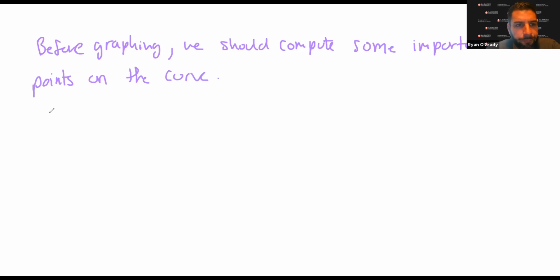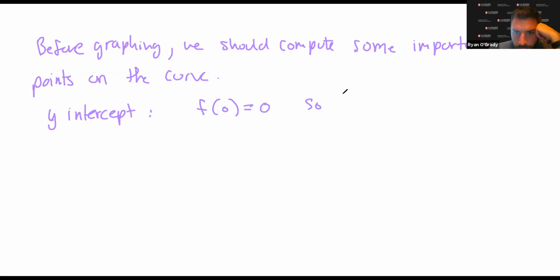For example, you might want to get the y-intercept. The y-intercept is what happens when you plug 0 into the function, and when you plug 0 in, you get 0. And that tells us that (0, 0) is on the curve.